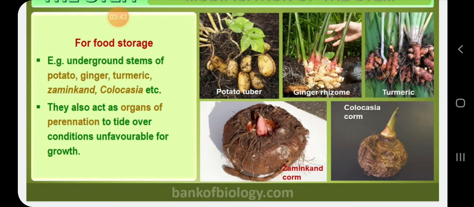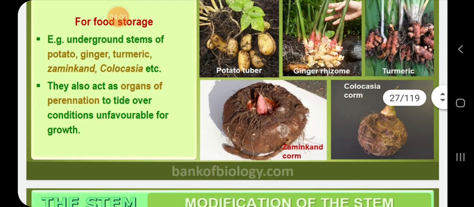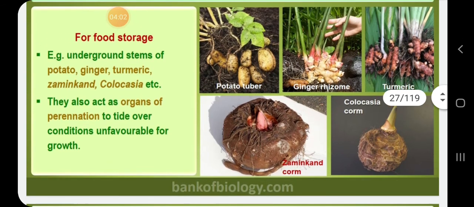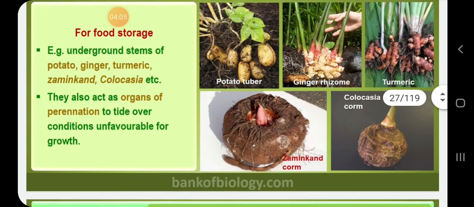So these are the stems which are actually storing the food, and they help so that the plant can again grow. The plant will not die in the unfavorable conditions. Right?